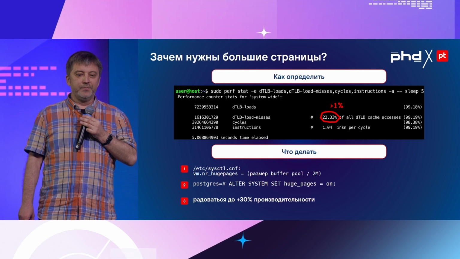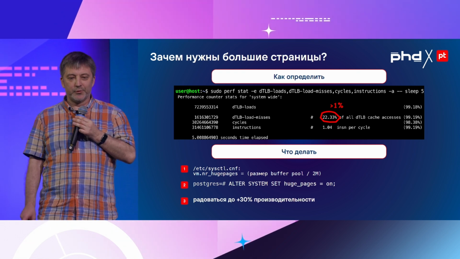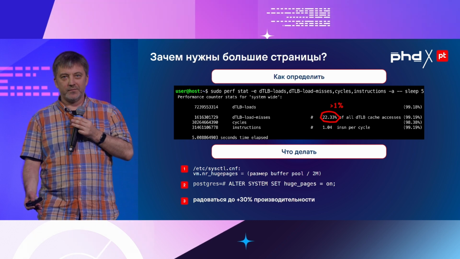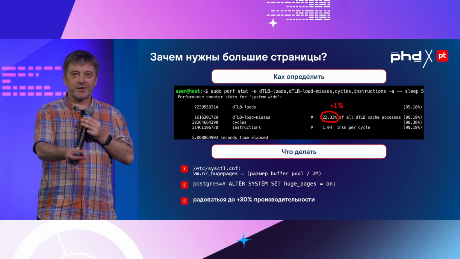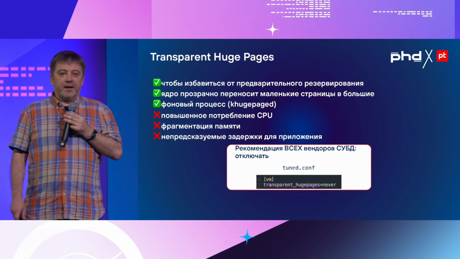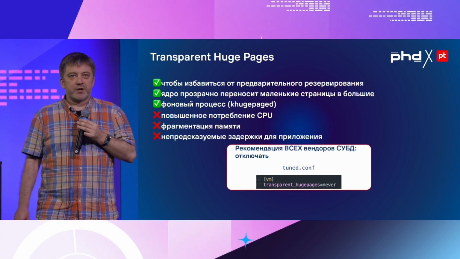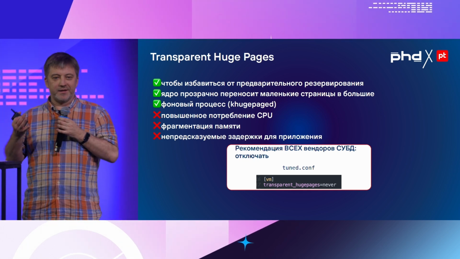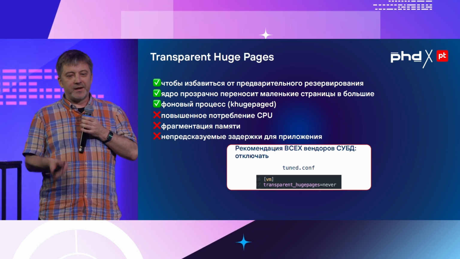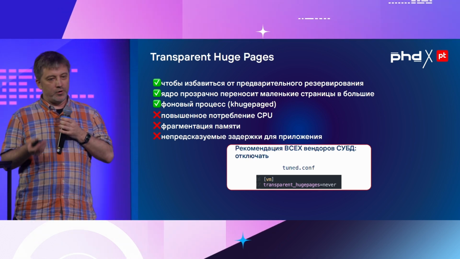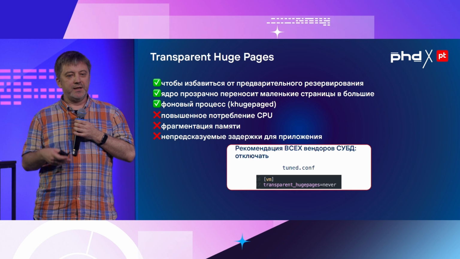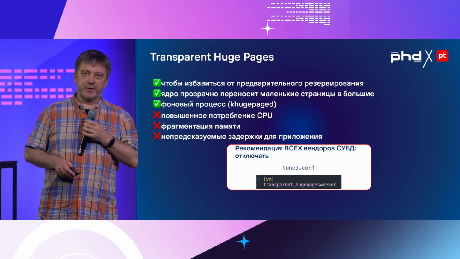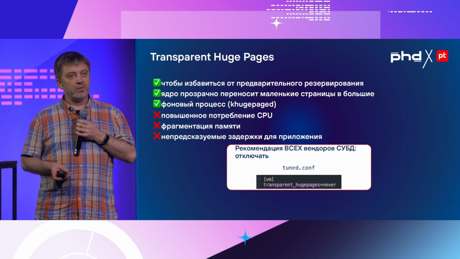In our tests, MySQL gets some funny numbers, but it's just because it's good about this. It doesn't have the problem that Postgres has with huge pages. There's also a thing called transparent huge pages. Basically, it was designed to solve the problem with the reservation of large pages. So the kernel moves small pages to huge ones, but there are drawbacks here.